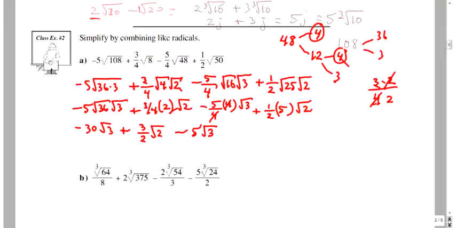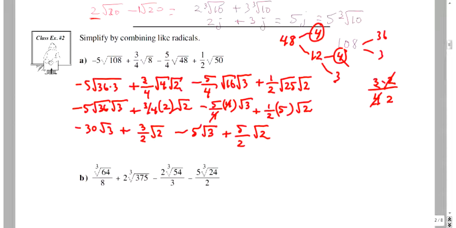What's 1/2 times 5 as a fraction? 5/2. Everybody loves fractions. Okay. What a lovely question.